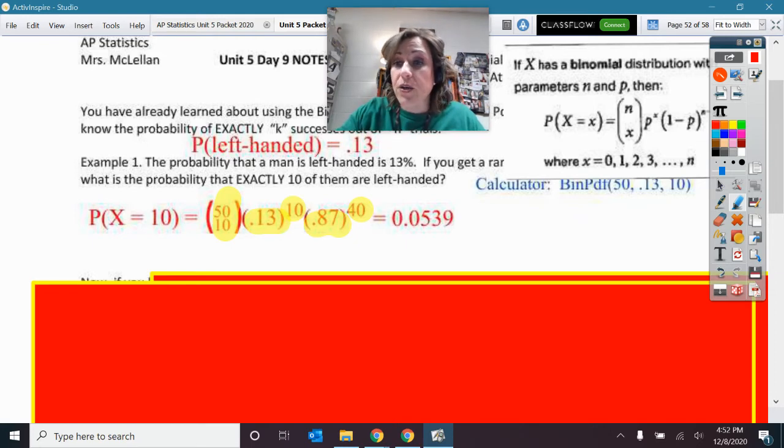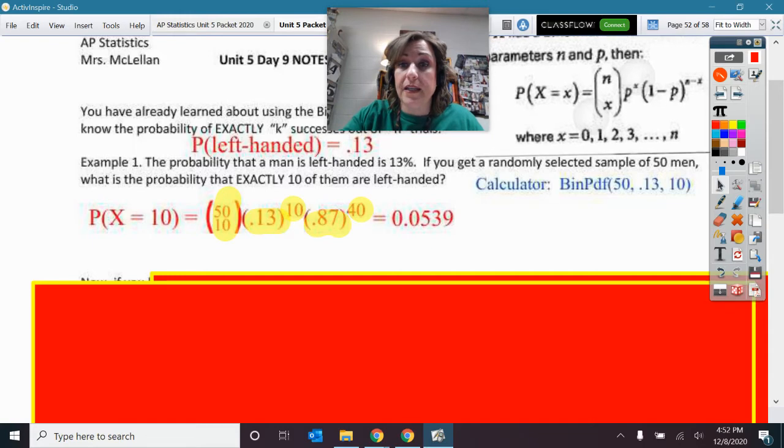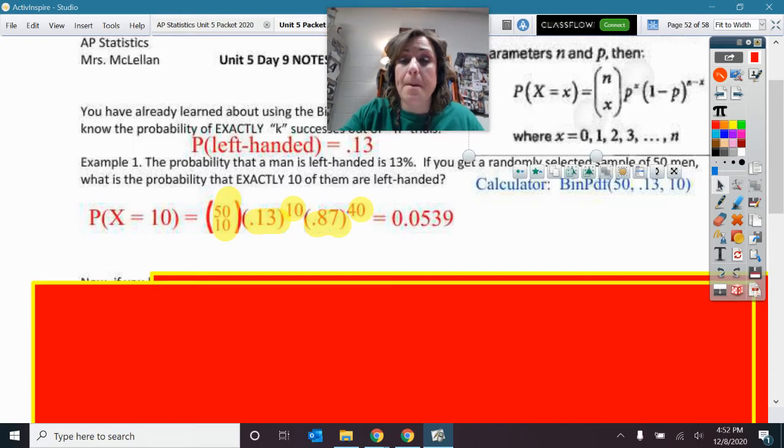Now, calculator-wise, here's how that computes out. All right, so here we go. We put it into our calculator and did our binomial PDF. We did our N of 50, this probability of success, and I want 10 successes. So that came out to 5.39%.